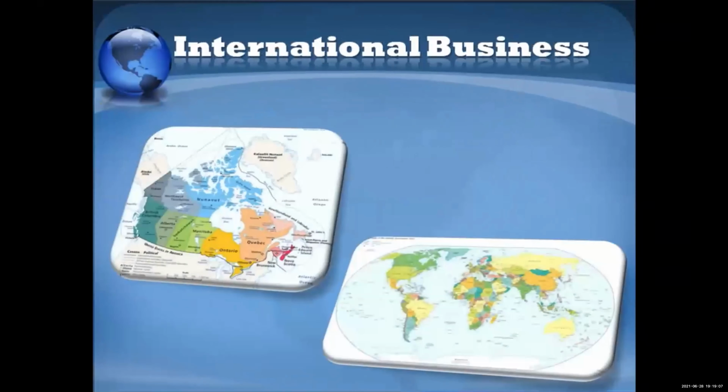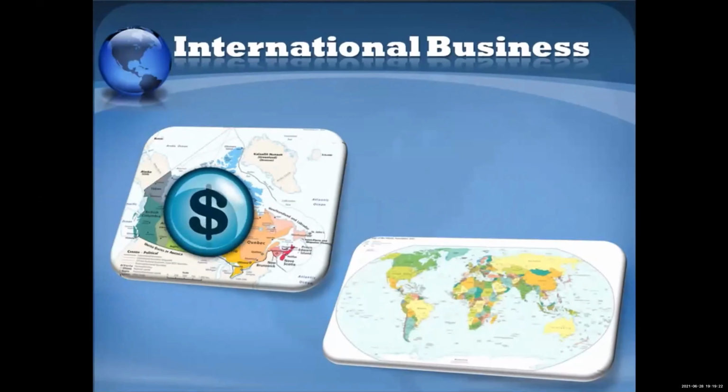So let's take a look at it from another perspective and really differentiate it from a domestic business. The traditional business model was domestic businesses. These were businesses that operated within a country's borders. For Canada, we saw domestic businesses thrive over the last hundred, I should say, years. Right?